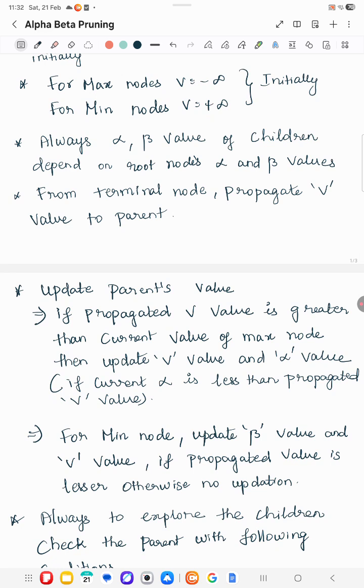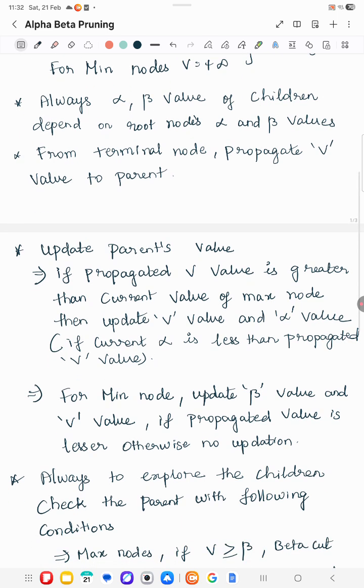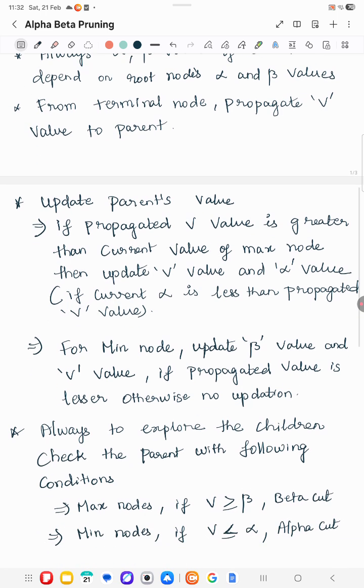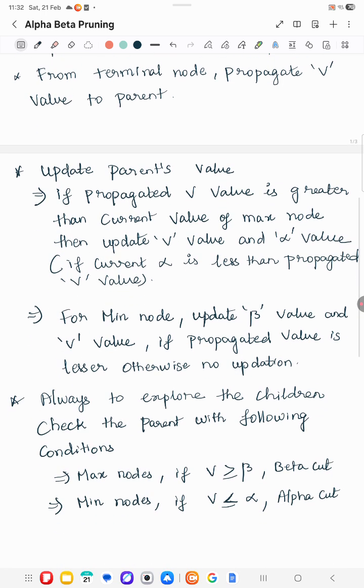A terminal node is the final leaf, which tells whether the outcome is a win, draw or loss. That utility value, the v of the terminal node, will be propagated to the parent, so you have to update the parent's value.